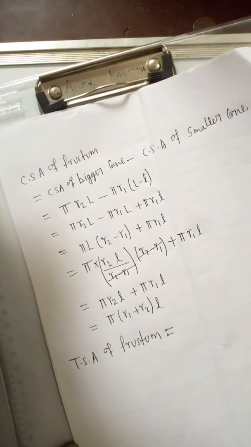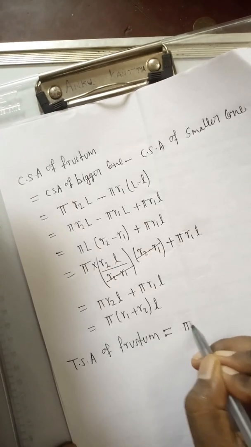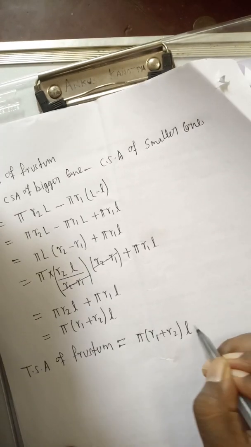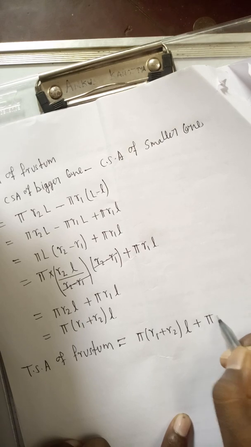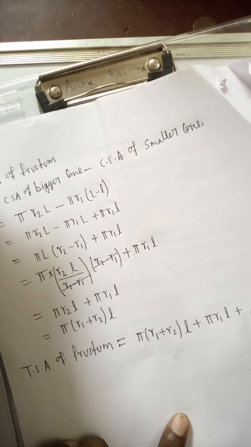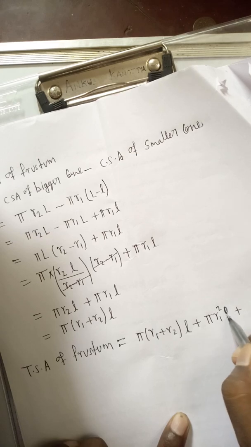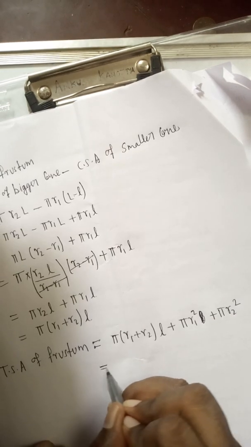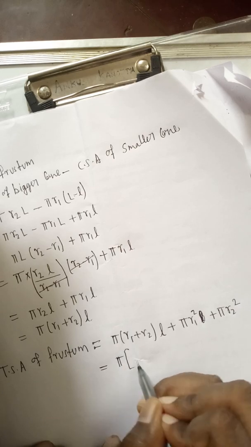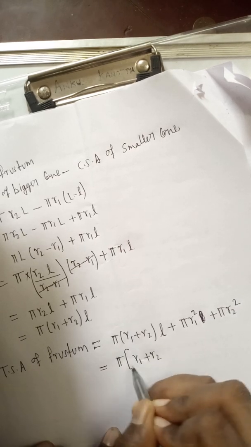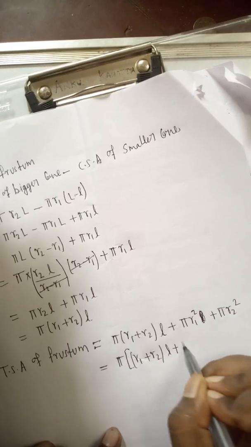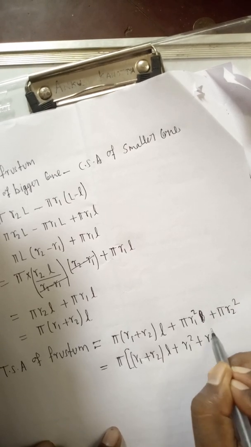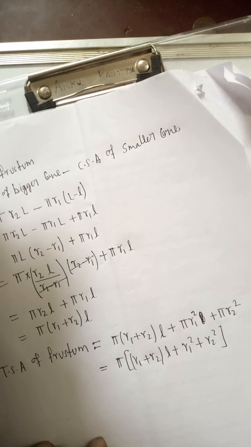That means the T.S.A will become, I repeat, pi R1 plus R2 into l, plus the area of the top circle, pi R1 square, plus pi R2 square. I hope this is clear. So from this, the final formula for T.S.A can be taken with pi common: pi times R1 plus R2 in bracket l, plus R1 square plus R2 square. I hope this is clear to you all.